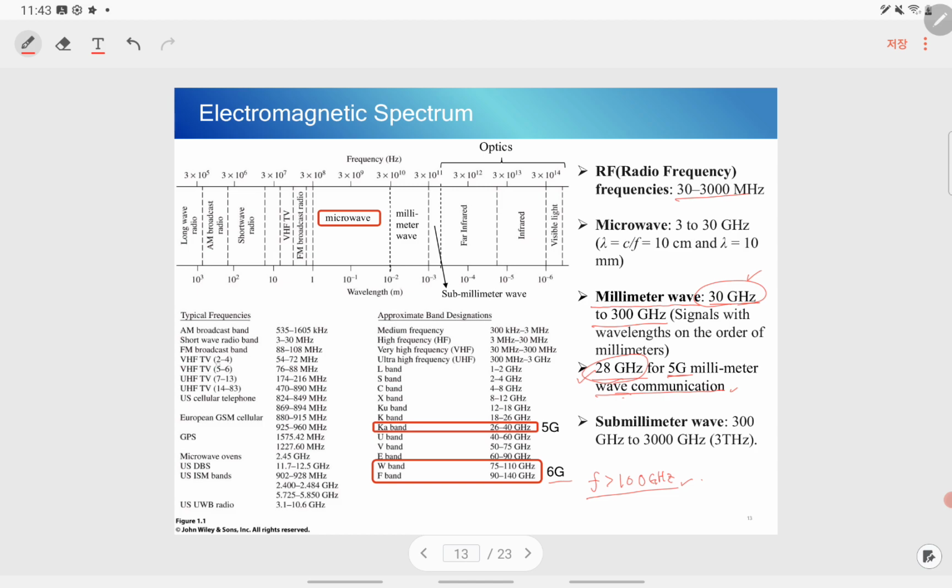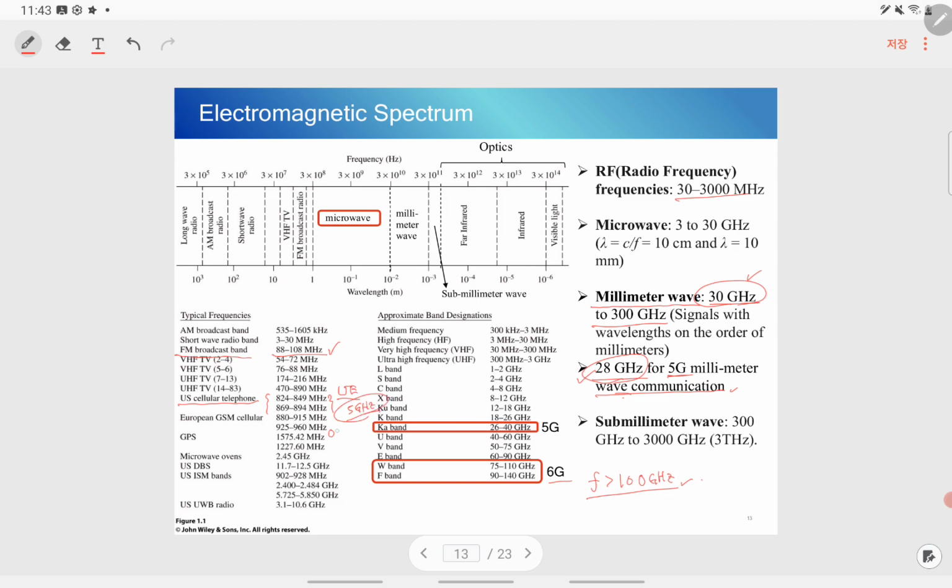If you look a little more at the spectrum, you will be familiar with FM signal. FM is about 80 or 100 megahertz, right? And then cell phone, GSM in the US uses about 800 megahertz. And then LTE, we use up to 5 gigahertz, then sub 6 gigahertz.